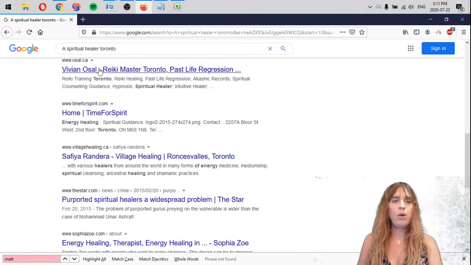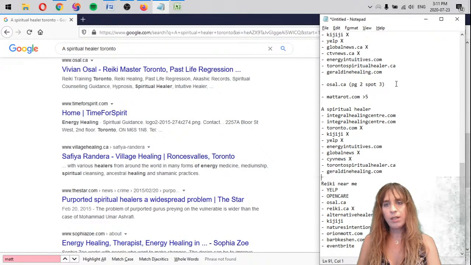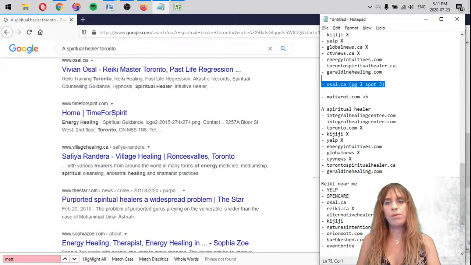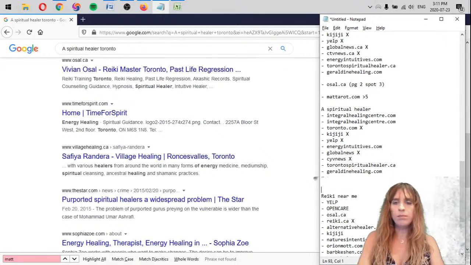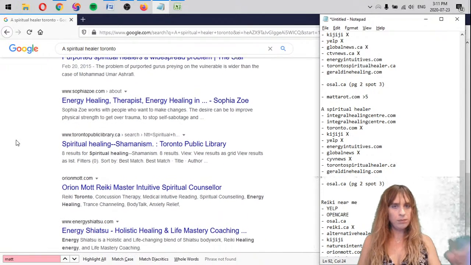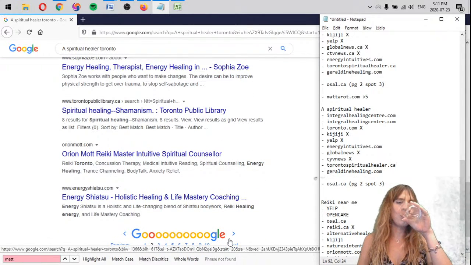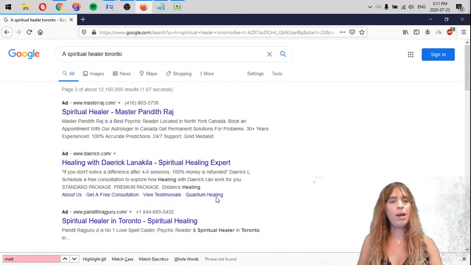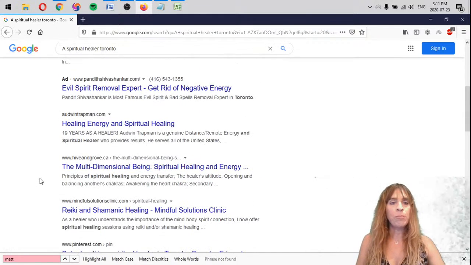So, OSOL is at the same spot, it looks like. Page 2, spot 3. 1, 2, 3, yeah. Orion Mott might be worth noting as well.